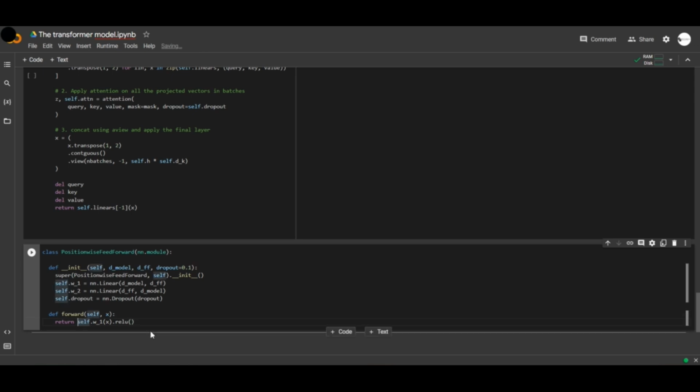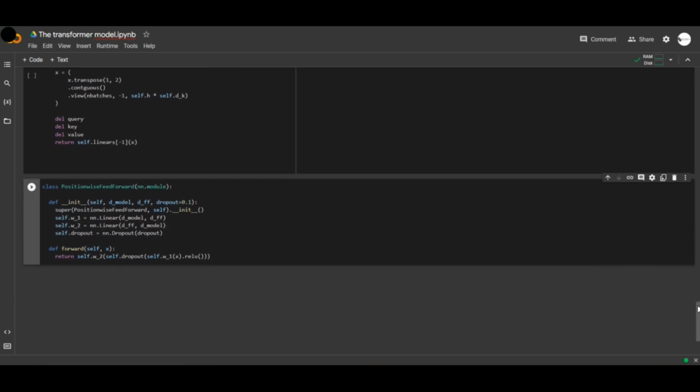Then we apply the dropout. We've covered this. Then we take this output and pass it to weight 2, just like so, right? And we're done.